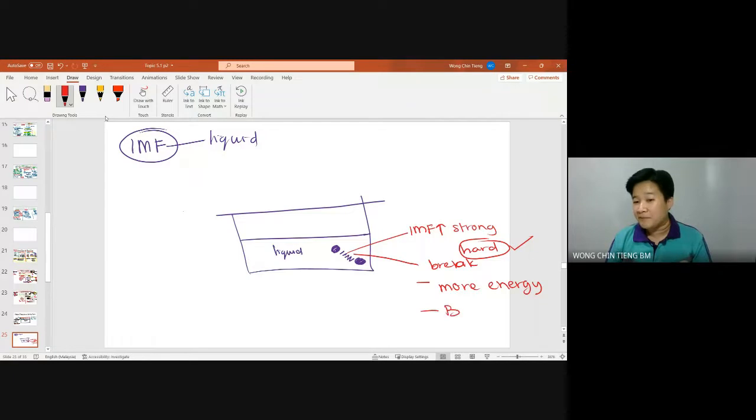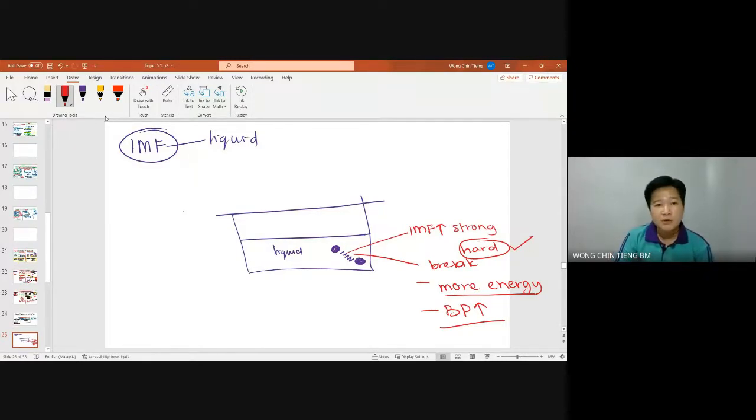Why a higher boiling point? Because you need more energy. How do you get more energy? Put it on the fire a bit longer. You get more energy. The fire is the energy, right? The longer you leave it on the fire, the more energy you get. So when you need more energy, boiling point increases. So when the intermolecular forces are very strong, it's very hard to break. When it's very hard to break, you need more energy to break. So your boiling point will be higher.